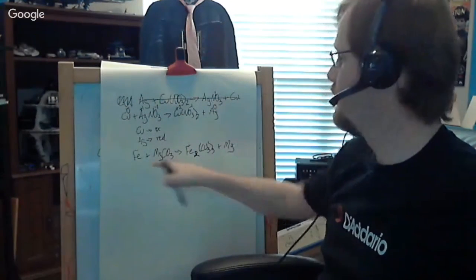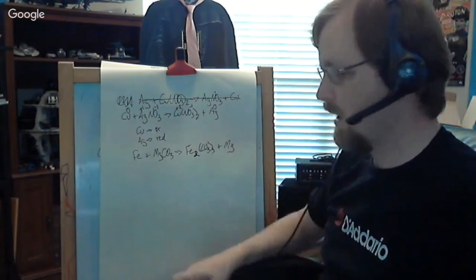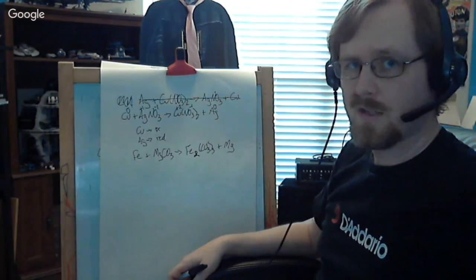Magnesium is the one being reduced. Iron is the one being oxidized because it's going from an element to a compound. Okay, so that is redox reactions.